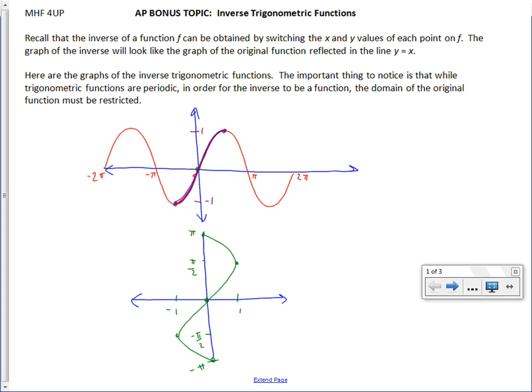This little wimpy chunk is the max I can pick because this piece on its own passes the horizontal line test. And if I take the inverse of just that piece, starting at pi and ending at negative pi, do we see that that works? Yeah.